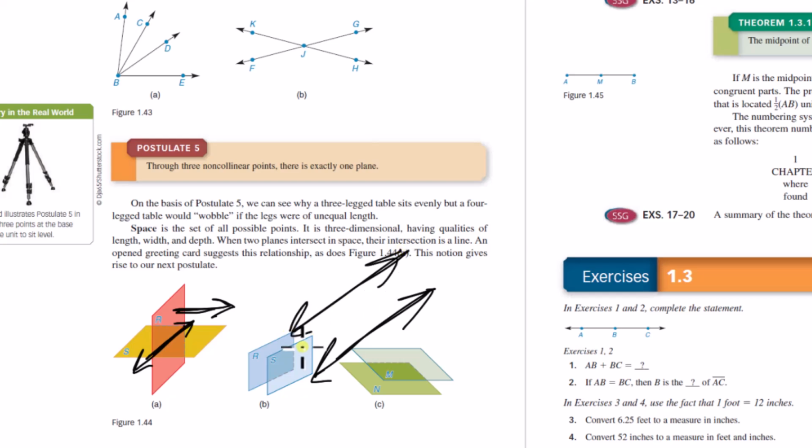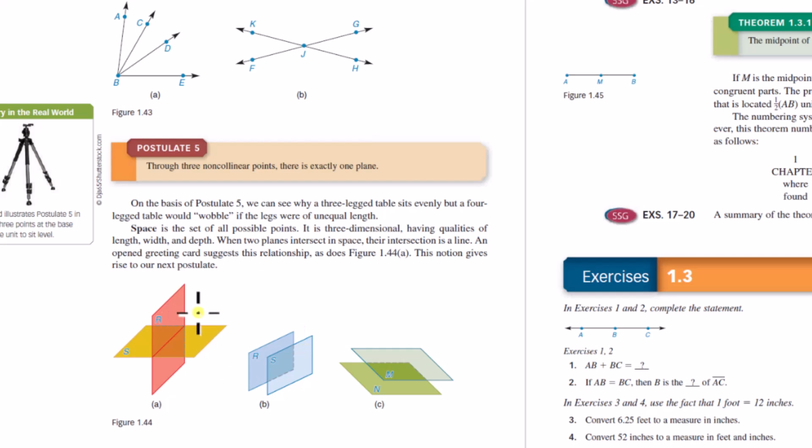It's not the same line. It has a different equation and everything. Same idea: if you moved this plane without changing its orientation, you might say, look, that's a different line that's intersected with it. Well, that's a different plane then. These two planes are unique. So they intersect at one line if they intersect.